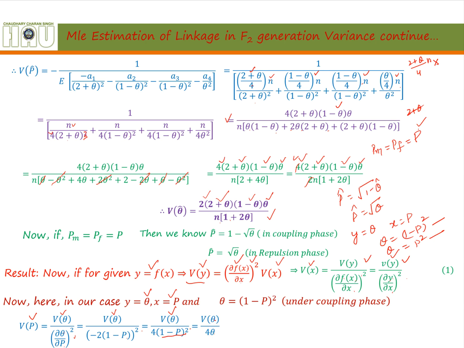So variance of theta divided by 4 theta. So we can find the variance of P as the variance of theta, which is this one, divided by 4 theta. So in this way, you can estimate the variance in the F2 generation.